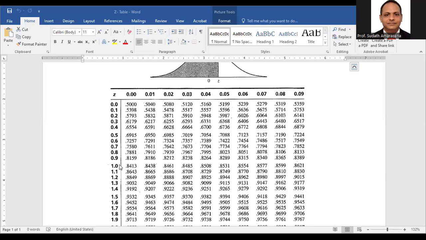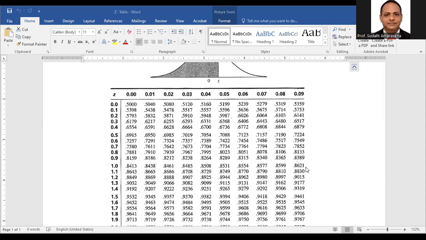The intersecting point of the 1.0 and the 0.09, this table gives 0.8621 because this is a cumulative table. But if you use a non-cumulative table, here the figure given, I am sure, is 0.3621 without 0.5.